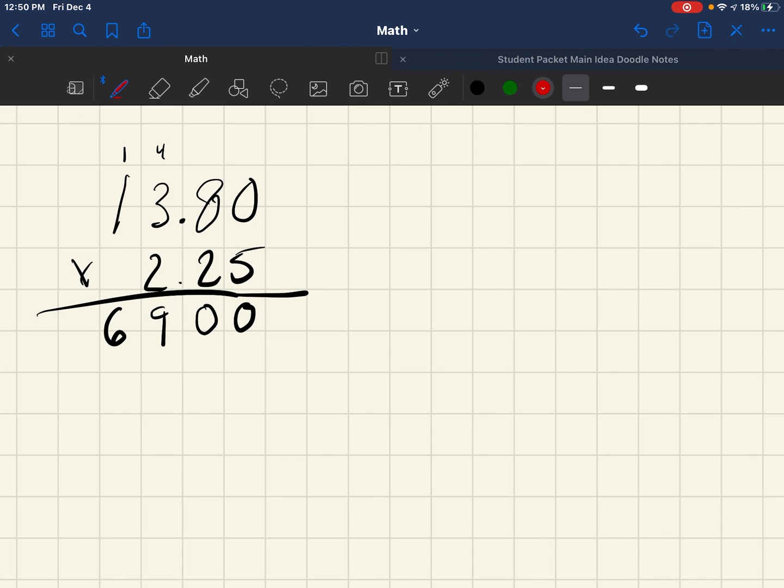All right. So now I'm going to switch to my other color. And we put a place value holder. 2 times 0 is 0. 2 times 8 is 16. 2 times 3 is 6, plus 1 is 7. And 2 times 1 is 2. All right.